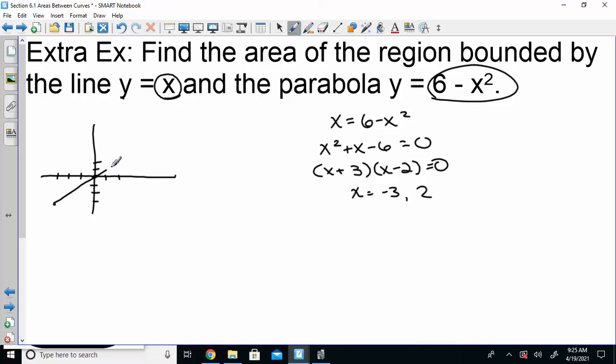There's my line. This one, you can plug in a few points. If you put in -3, squared is 9, so 6 minus 9 is -3. If you put in a 0, 6 minus 0 is 6. If I put in a 2, 6 minus 4 is 2. So we get this kind of parabola.